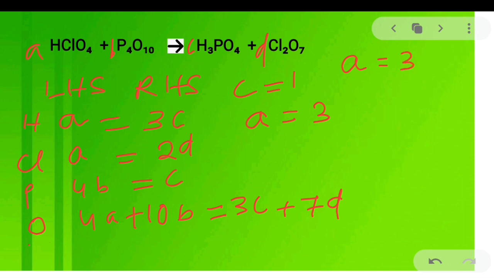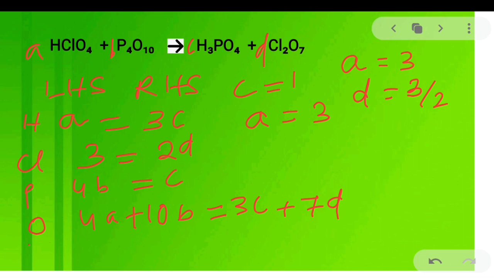Now you know that A is equal to 2D. So what is the value of D? As A is equal to 2D, in place of A I can write the value 3. So D is equal to 3 by 2. Now C is equal to 1.